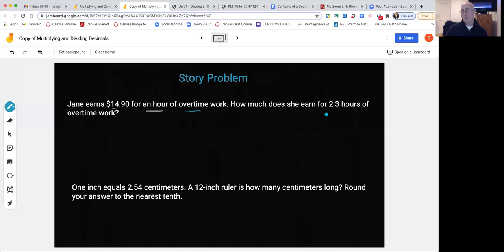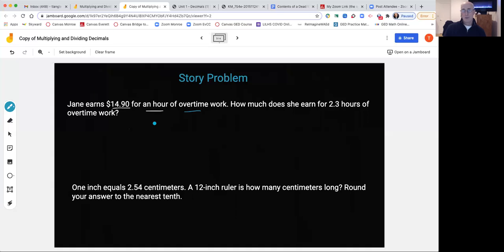How much does she earn for 2.3 hours of overtime? This is a good example of a story problem where you're multiplying, because she makes $14.90 an hour, but she worked 2.3 hours. So how much does she make? It could say total, and I did mention earlier that total could mean adding or multiplying.